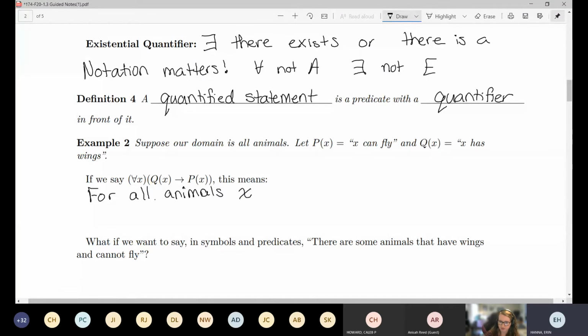Whenever you're talking about the variable, you want to refer back to the context of that variable. So for all animals X, if Q of X, so if X has wings, then P of X, X can fly.